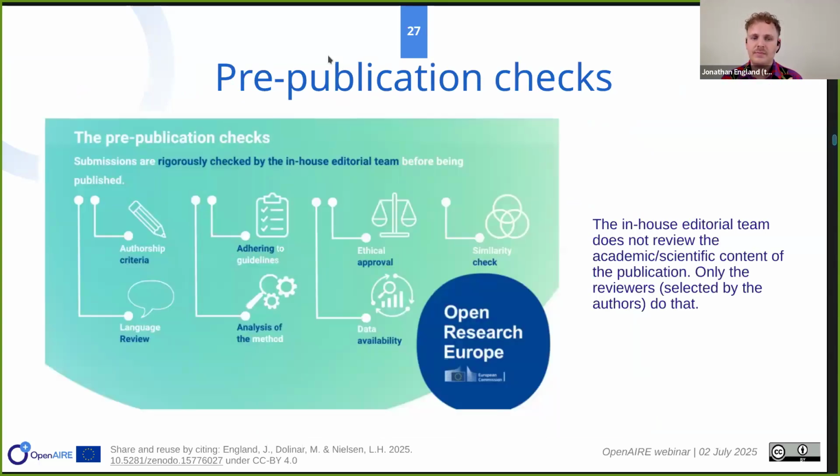So the pre-publication checks that the in-house editorial team does are about different criteria, like whether the author adhered to the different guidelines, and the availability of the underlying data. They check for language and ethical approval.